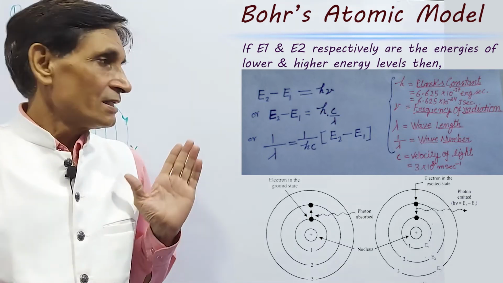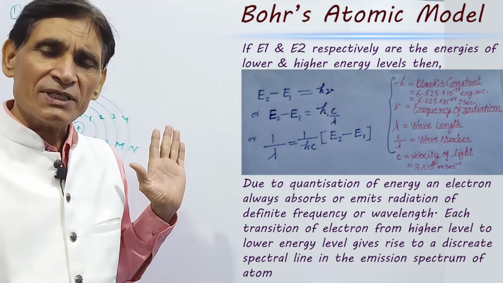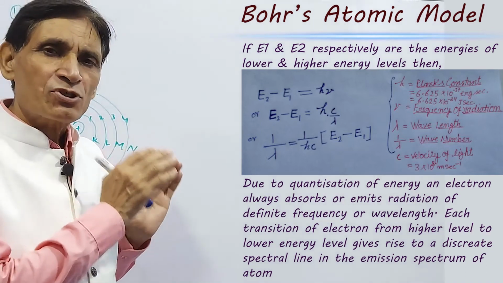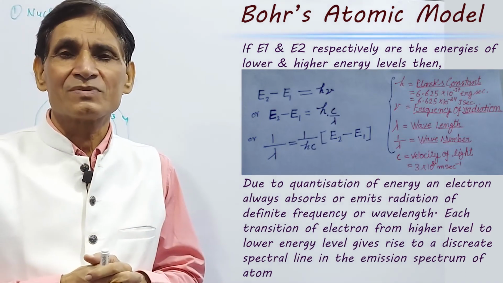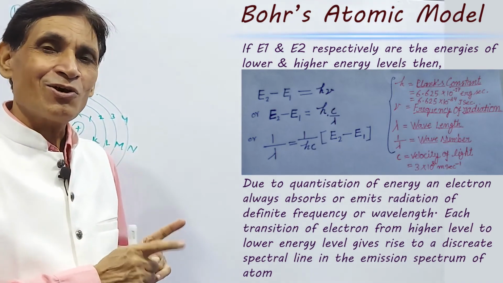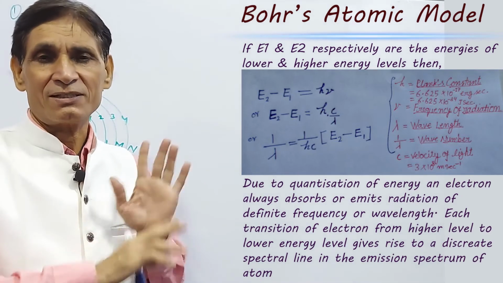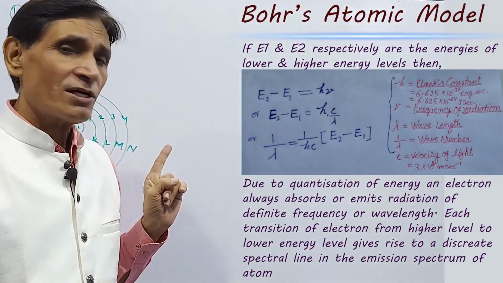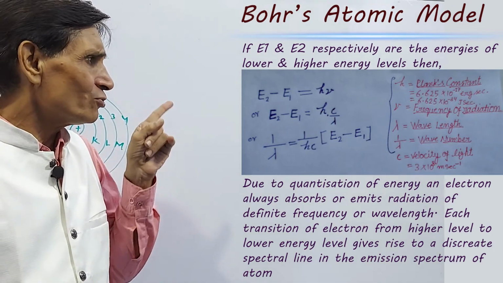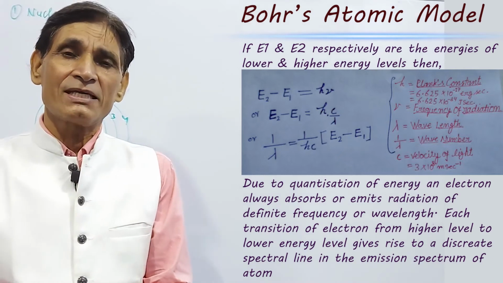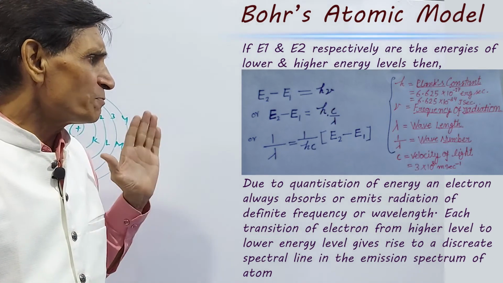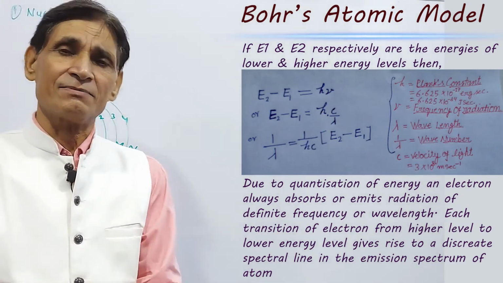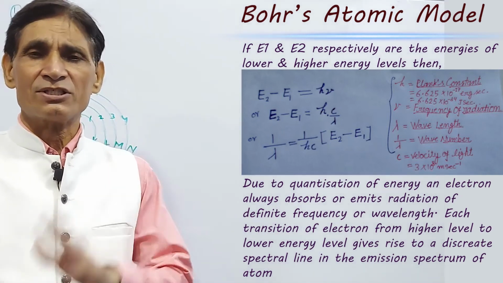Thus, due to quantization of energy, electron absorbs or emits energy in the form of radiation of different frequency or wavelength. And each transition of electron from higher energy level to lower energy level gives rise to a discrete spectral line in the emission spectrum of atom, which is under consideration.